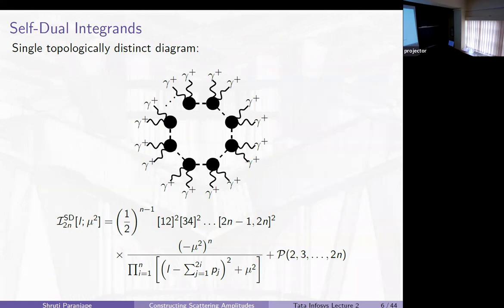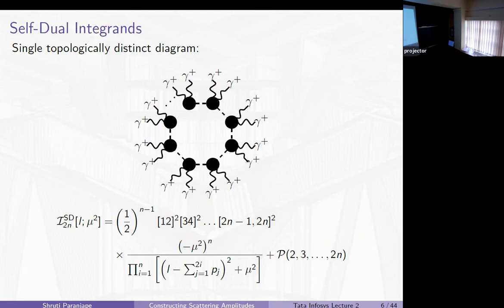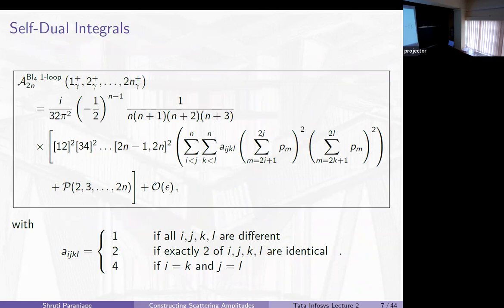So this is the only possible diagram you can have when you have all external positive helicity photons. Yeah. Now it's very easy to just use these rules, write down what the integrand is, do the integration, and you get this answer over here.